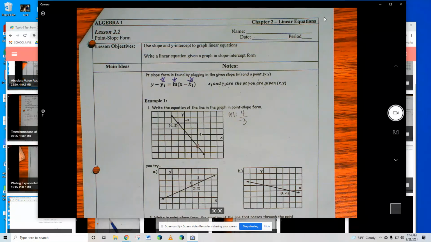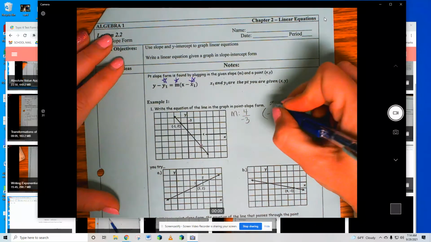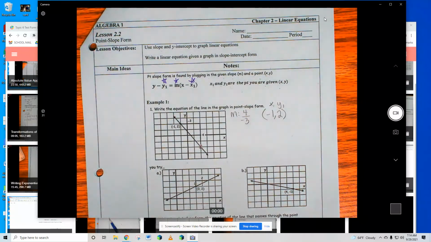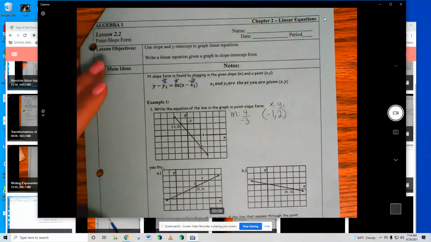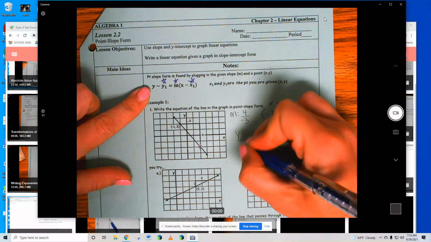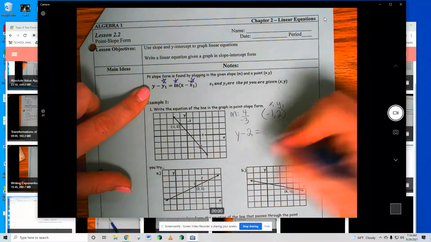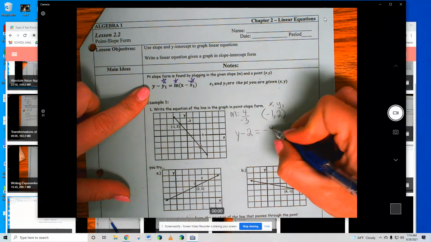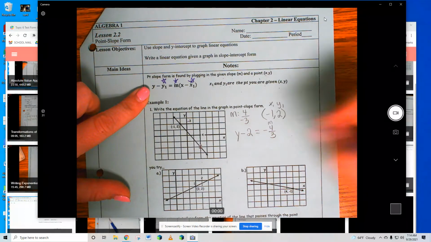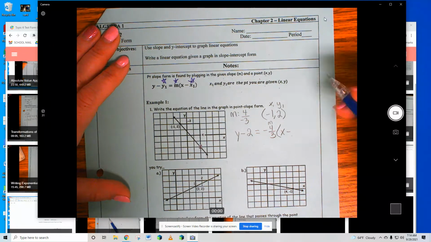So, here we go. My point that I'm given is -1, 2. That's x1, y1. So what I need to do is use this formula up here. The y is going to stay a y. Y minus y1 is 2 equals m, -4/3, parentheses, x minus x1, -1.